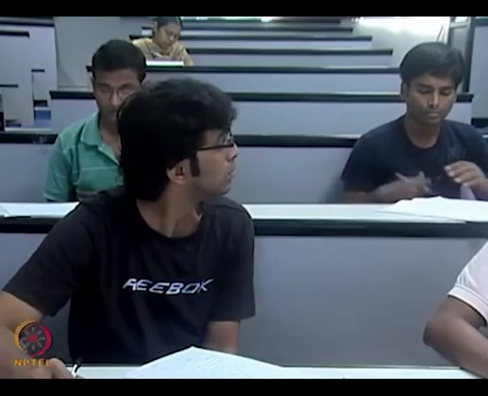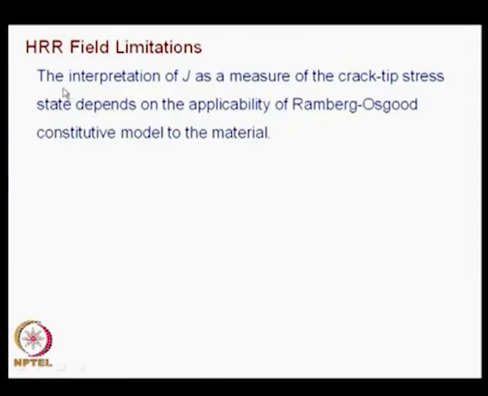And having said that the HRR field is useful, there are also limitations. You will have to know those limitations clearly. The interpretation of J as a measure of the crack tip stress state depends on the applicability of the Ramberg-Osgood constitutive model to the material.